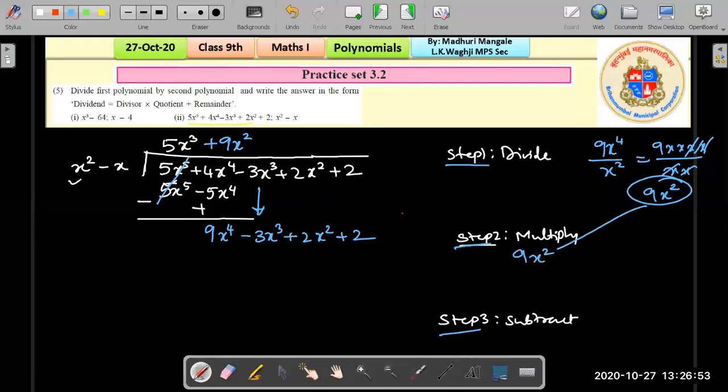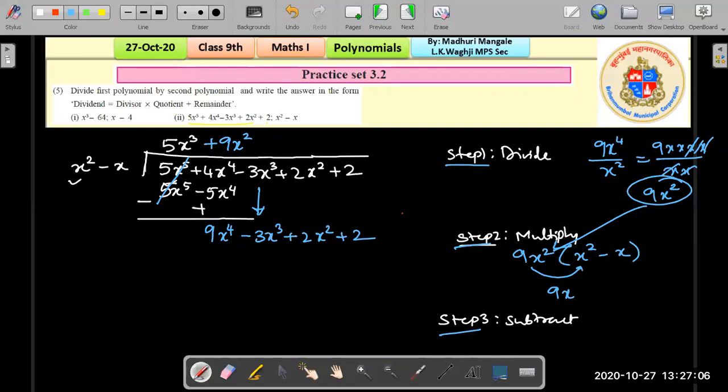9x squared multiplies to the divisor. The divisor is x squared minus x. We are just distributing. So 9x squared times x squared, that will be 9x raised to 4, because 2 plus 2 will make it 4. And then 9x squared times x, the exponent is 1 over here.